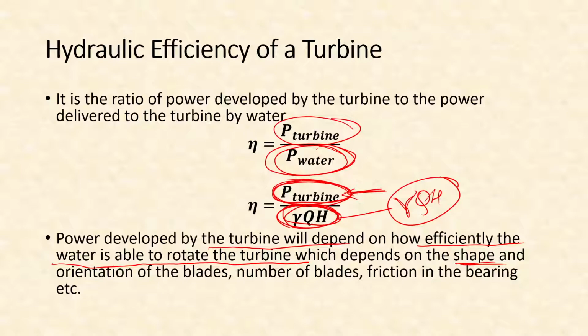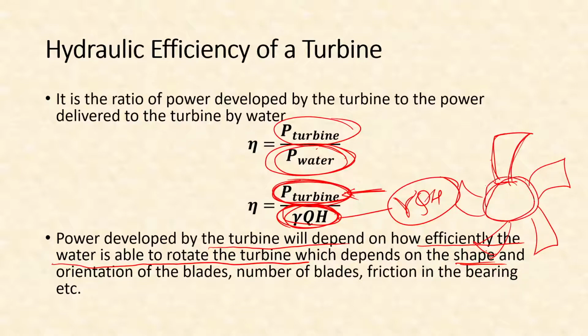The blades need to be designed very carefully. Their curvature, shape, orientation, and the number of blades fitted in a turbine all need to be very carefully decided, and lots of engineering goes into that, but that's the domain of the mechanical engineers.